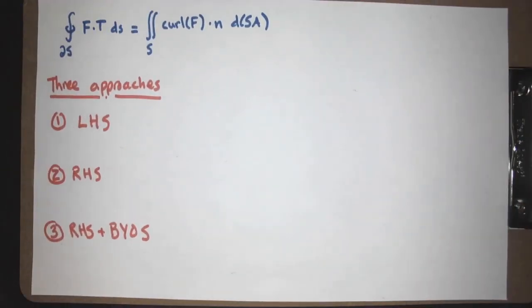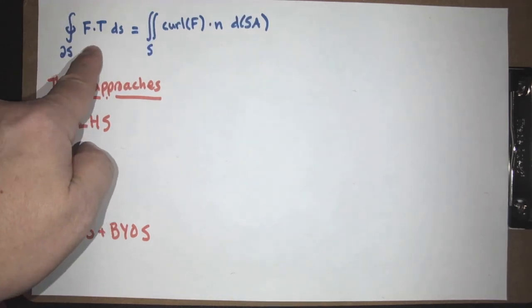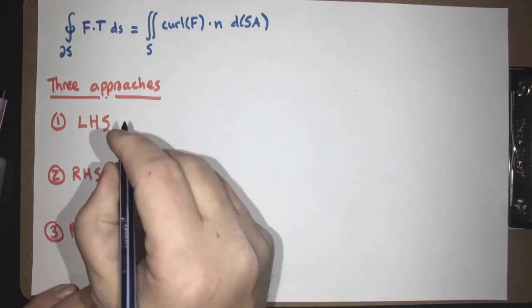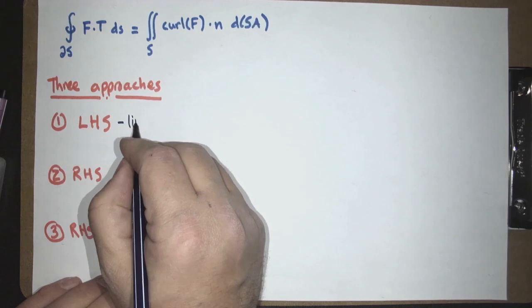Now, what are they? Option number one, we use the left-hand side. Now, what's the left-hand side? It's a line integral. Well, what's nice about line integrals?